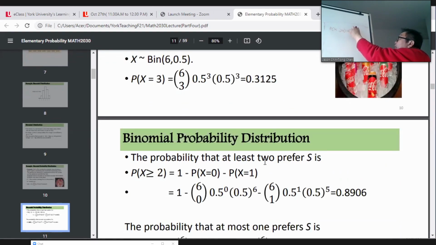X equal to 2 plus x equal to 3 plus x equal to 4 plus x equal to 5 plus x equal to 6. Yes or no? No, it's a lot of work. Formula you need to use how many times? 1, 2, 3, 4, 5.